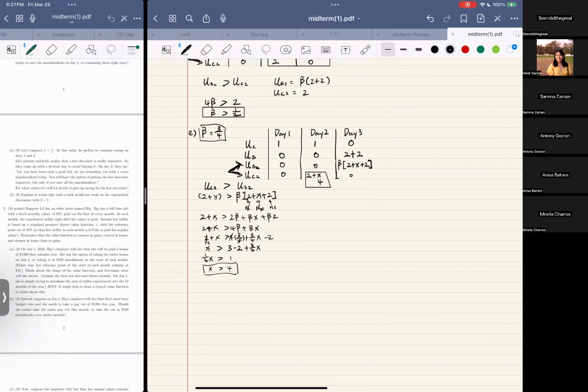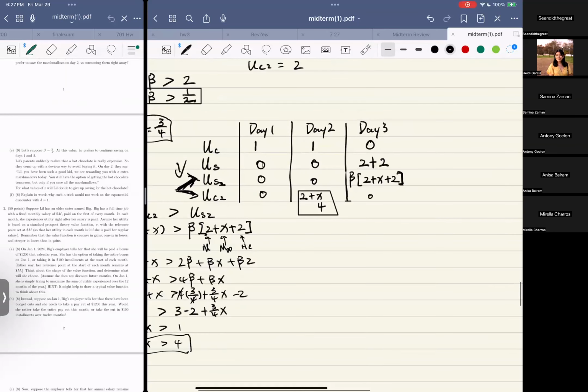We're able to use decision trees for this type of problem too, right? Yeah, this is basically a decision tree. Lily either saves or consumes, and then you have the value or outcome of saving and the outcome of consumption.